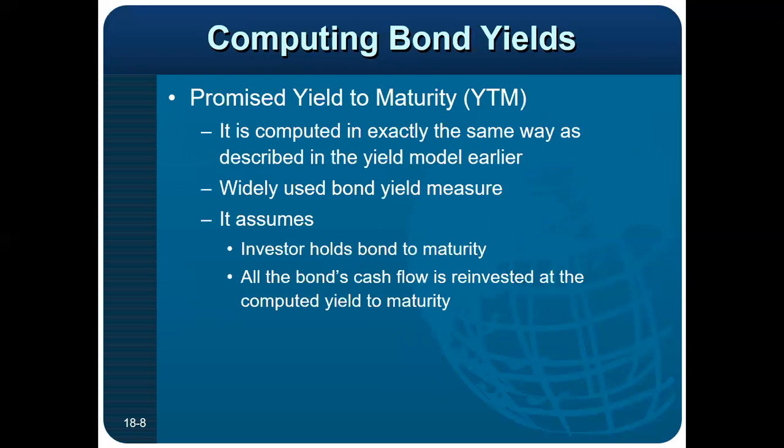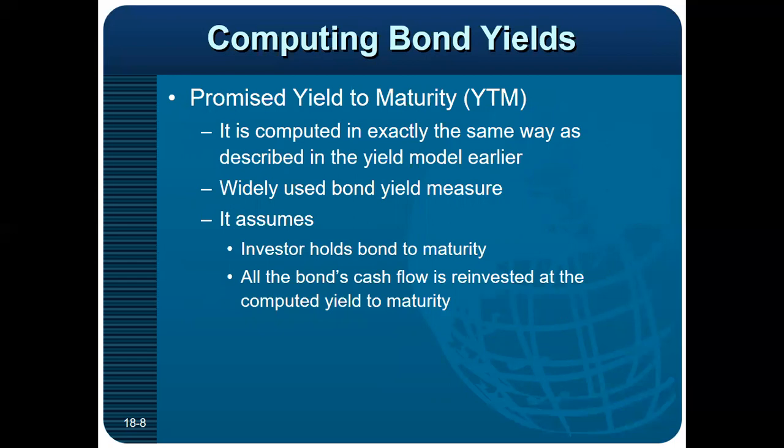Okay, promised yield to maturity. It is computed in exactly the same way as described in the yield model earlier. It is a widely used bond yield measure, and it assumes investors hold bonds to maturity. All the bond's cash flows are reinvested at the computed yield to maturity. Yield to maturity is used with the assumption that all investors will hold the bond until maturity. But in reality, it depends.